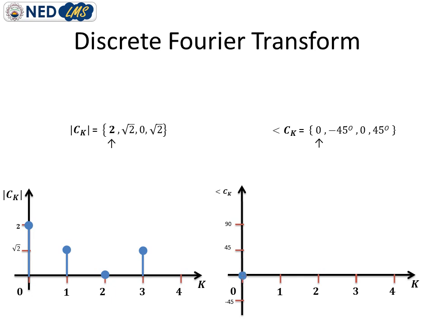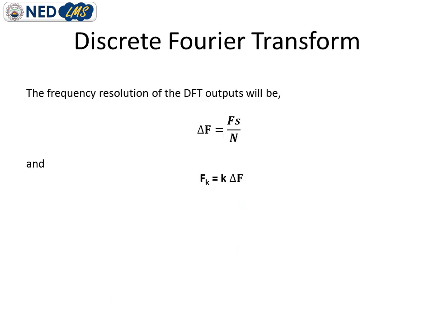At k equal to 0, we have 0 angle or 0 degree. At k equal to 1, we have minus 45, so we plot it accordingly. At k equal to 2, we have 0, and at k equal to 3 we have angle 45. So in this way we can plot the magnitude and phase spectrum separately.